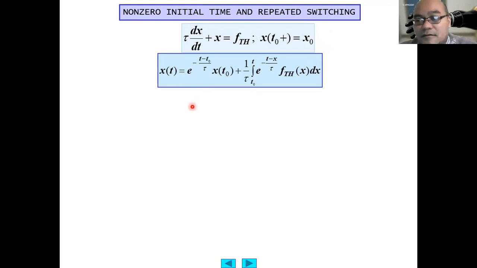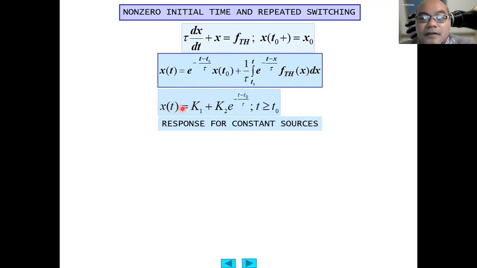The general form of the solution will be x(t) equals e to the minus (t minus t0) over tau times x(t0), plus 1 over tau times the integral from t0 until t of e to the minus (t minus x) over tau, the forcing function, times dx.